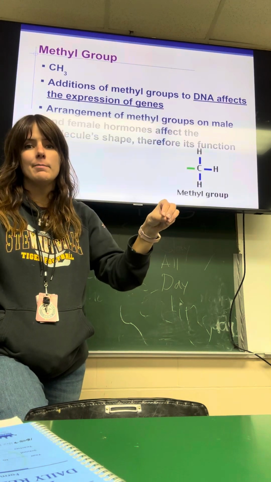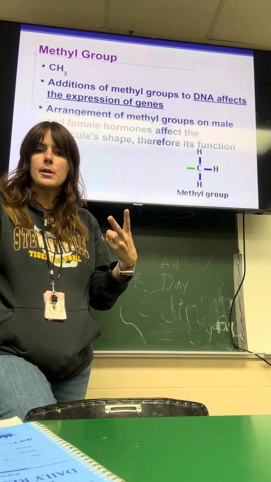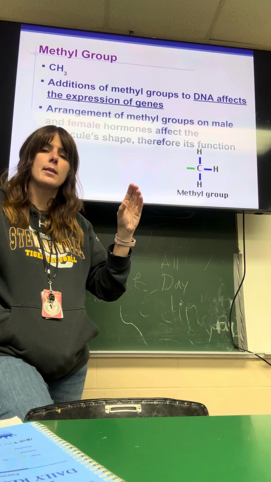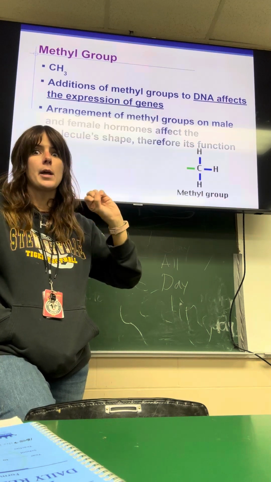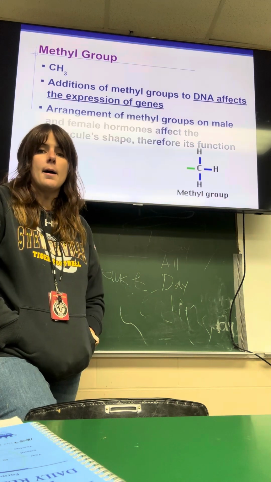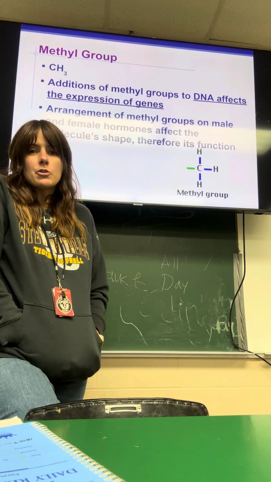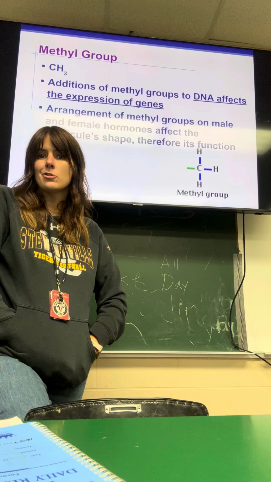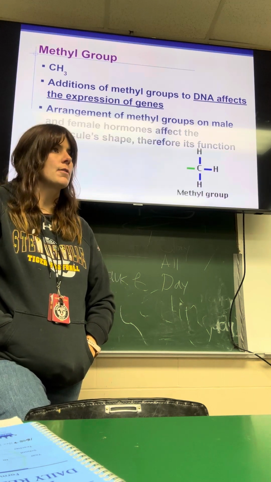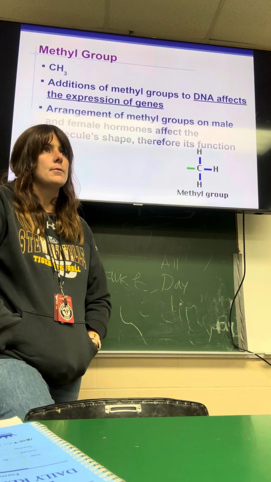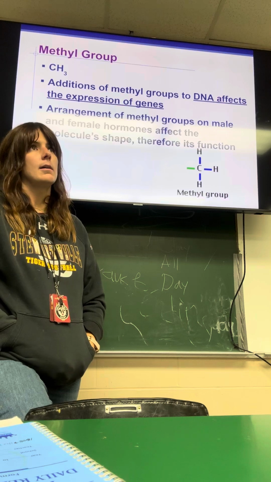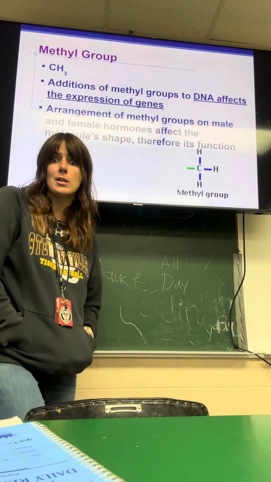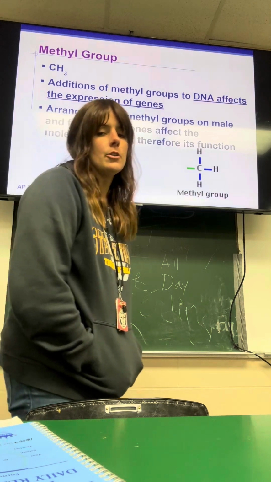The second thing is what I already talked about with the male and female hormones, where the male hormone had that extra methyl group. They're usually on larger structures, and an addition or subtraction of those is going to change the structure and therefore change the function. So if we're going to remember something, think of male and female hormones and gene expression.